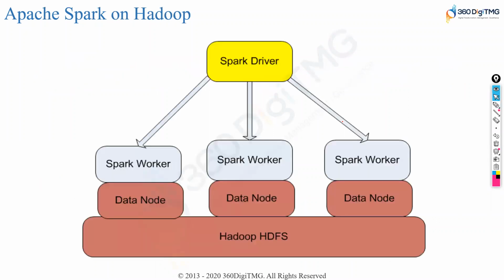And this is basically the framework, or you can say the architectural diagram of Spark, which is residing on Hadoop. When we say Hadoop, remember it is the disk that we are talking about. This disk is nothing but the combination of all the data nodes. So we have data nodes, and on top of that we have HDFS. This is the disk.